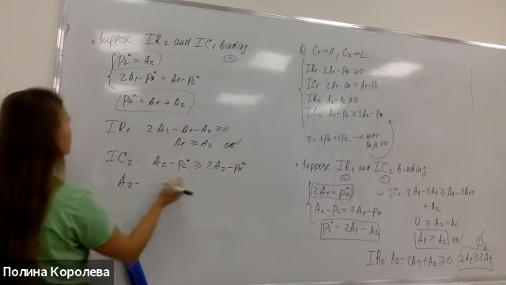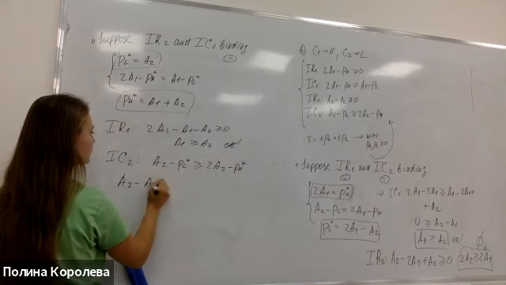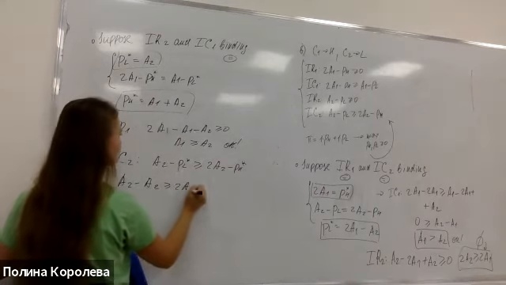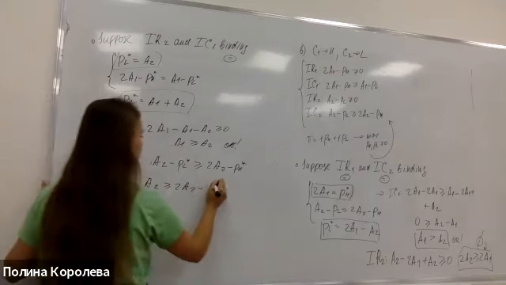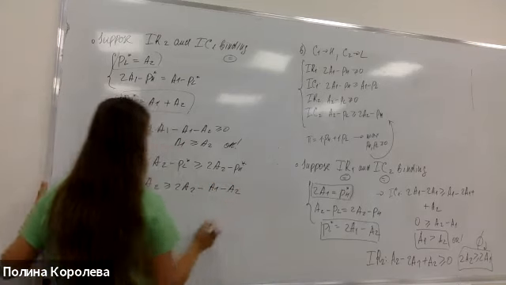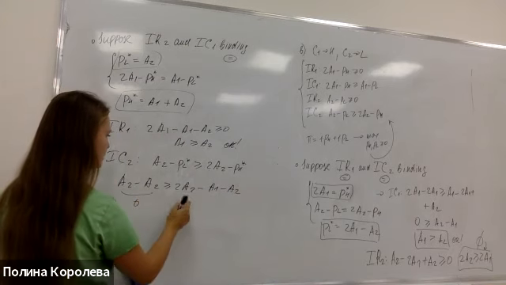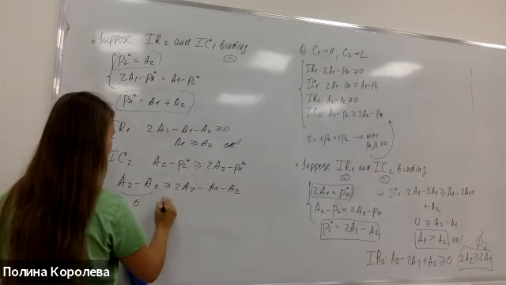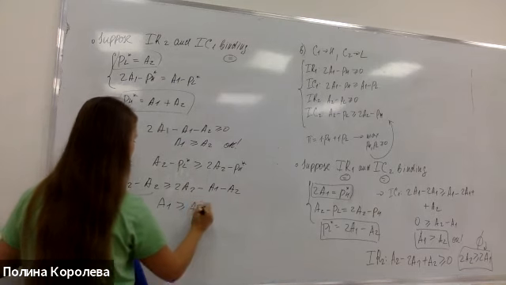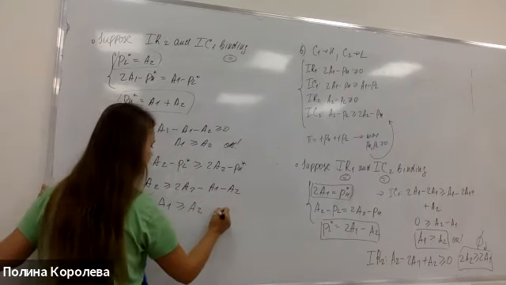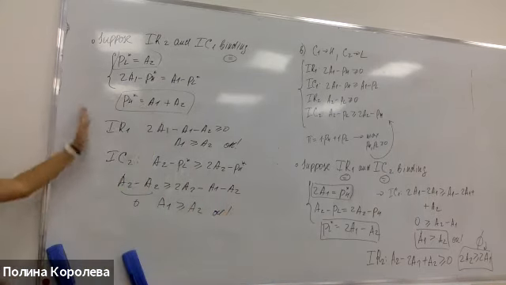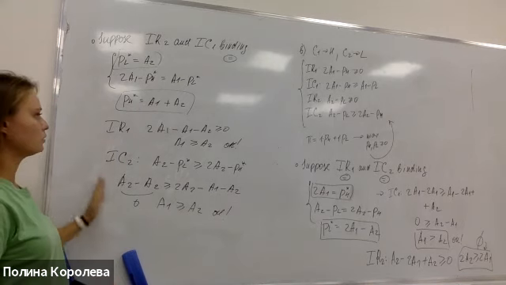A2 minus A2 greater or equal than 2A2 minus A1 minus A2. Here 0, here A1 greater or equal than A2. This is true. Okay. So all conditions hold.